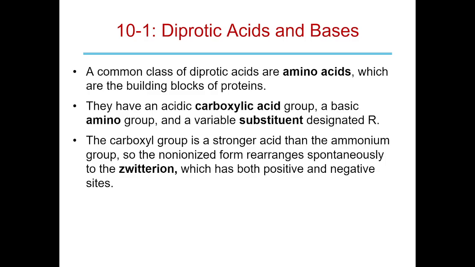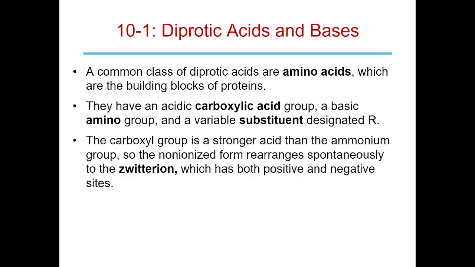These also have a carboxylic acid group, a basic amine group, and a variable substituent that we designate R, some of which are acids or bases, right? Like the amine ones are bases, right? The ones that are protonated are acids, like there's carboxylic acid as an R group. Or we can have a protonated amine, right?